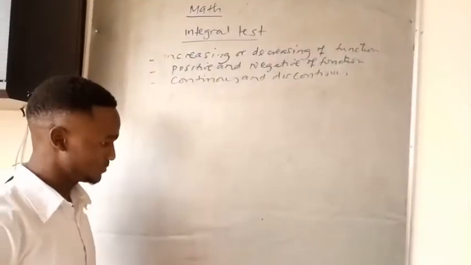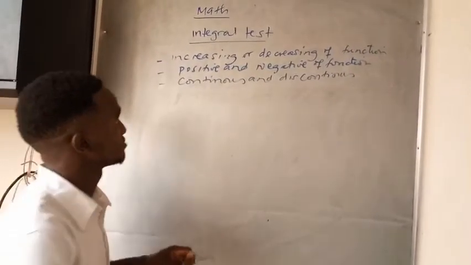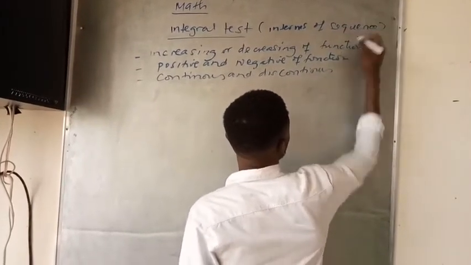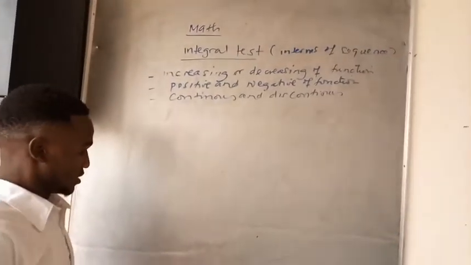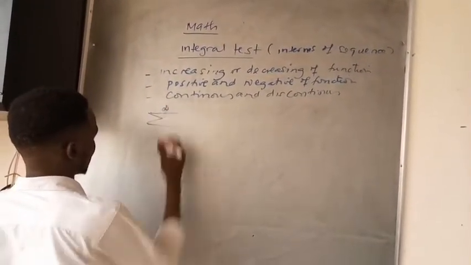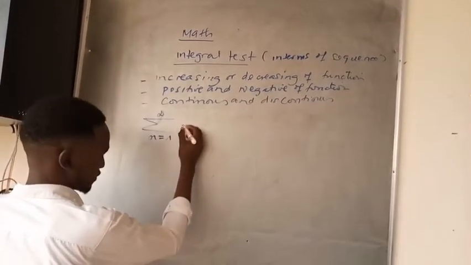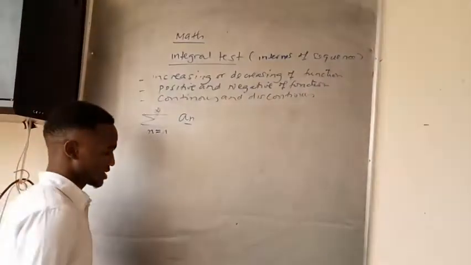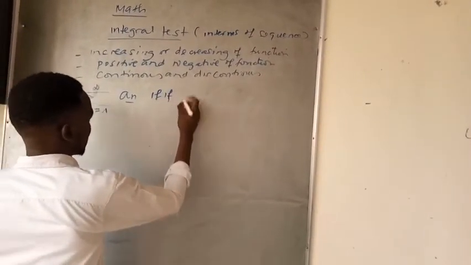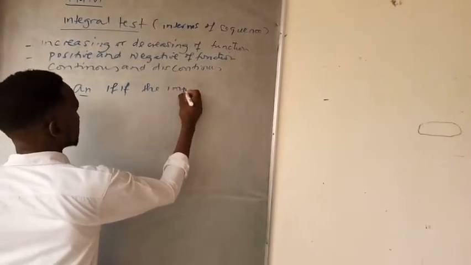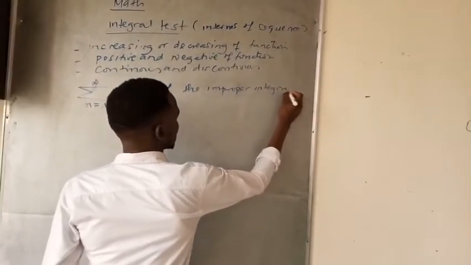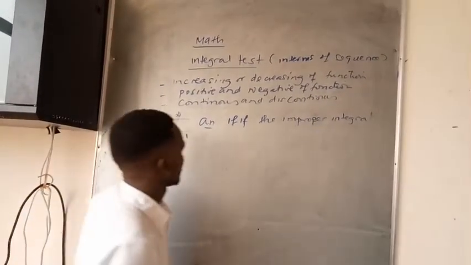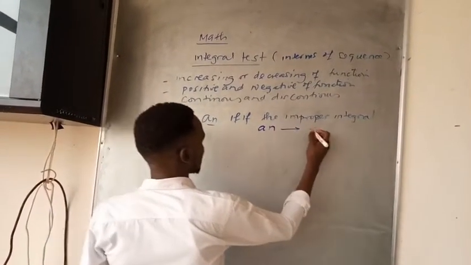Here we are going to use this in terms of sequence, where we find that the summation of n from 1 to infinity of f of an, where an is our series or our sequence, converges if and only if the improper integral of the function, with a expressed in terms of f of n.